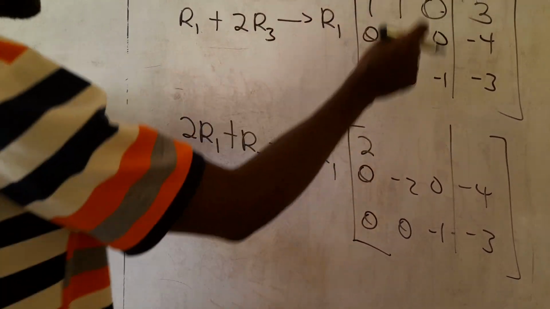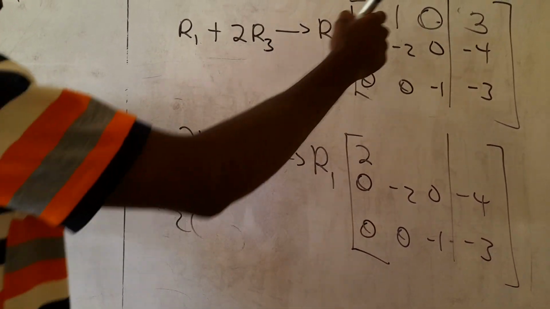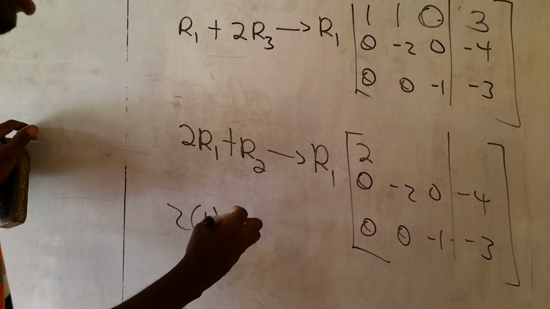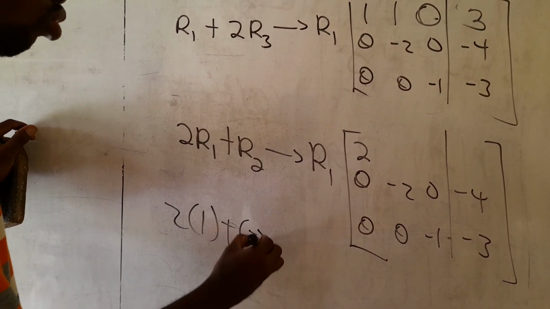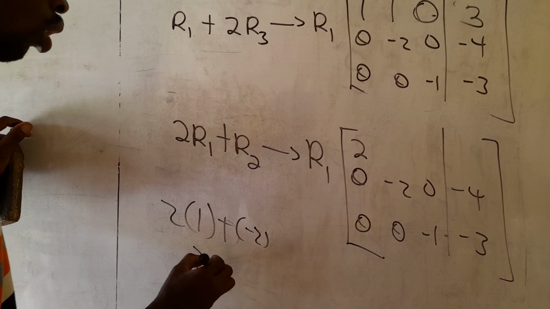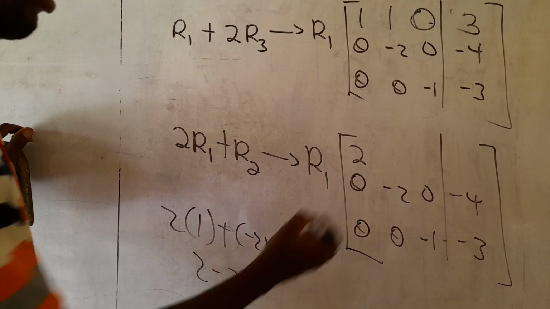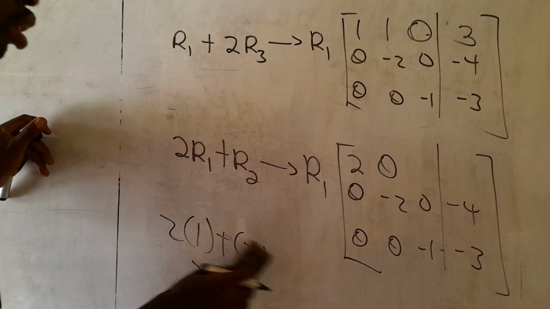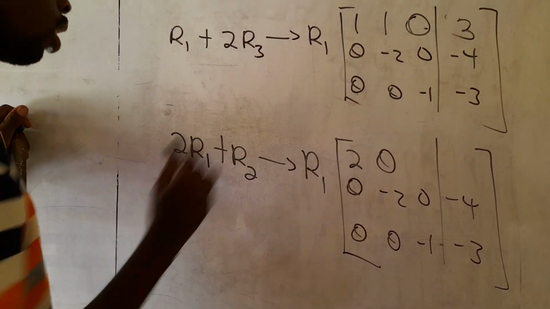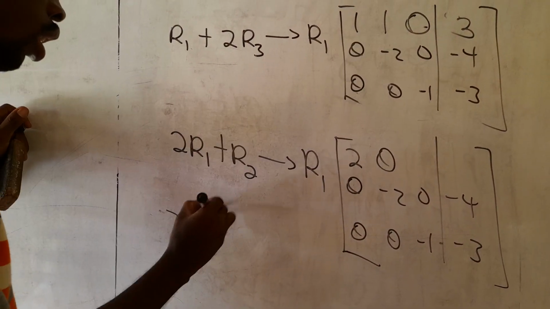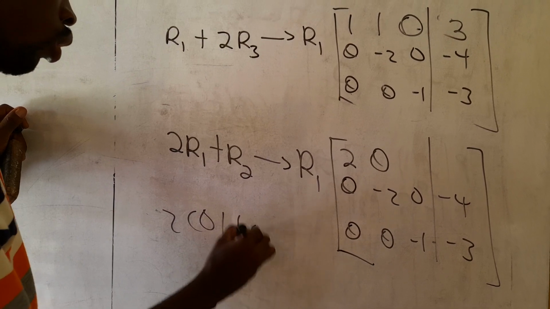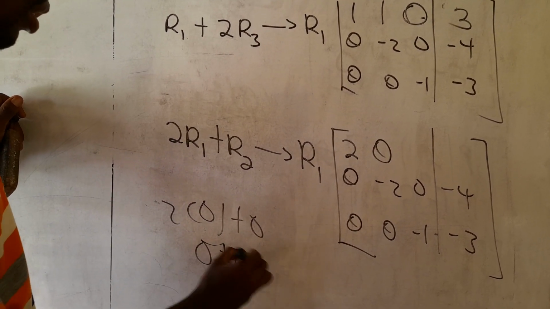So now this against that. 2 times, what's our R1 there? It is 1. What's our R2 there? Negative 2. 2 times 1 is 2. Minus 2. 2 minus 2 will be 0. So this place is 0. Now this and this. 2 times our R1 there is 0. Our R2 is also 0. 2 times 0 is 0. 0 plus 0 is 0.